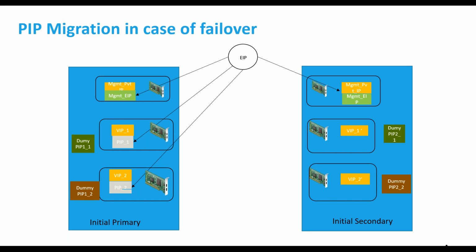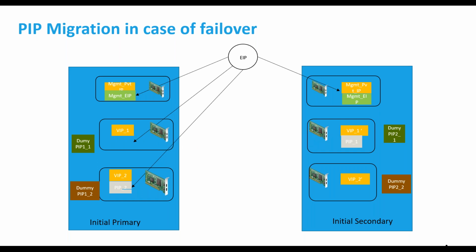Dummy PIP1 and dummy PIP1_2 are, as I said earlier, the one IP you need to leave behind as a dummy IP, which you don't have to use inside NetScaler. So except for one IP, you will be using everything. The same thing you will do on the secondary: leave one dummy IP on every interface. Further instructions are given on our AWS document site on how to configure it. You can go there and take a look.